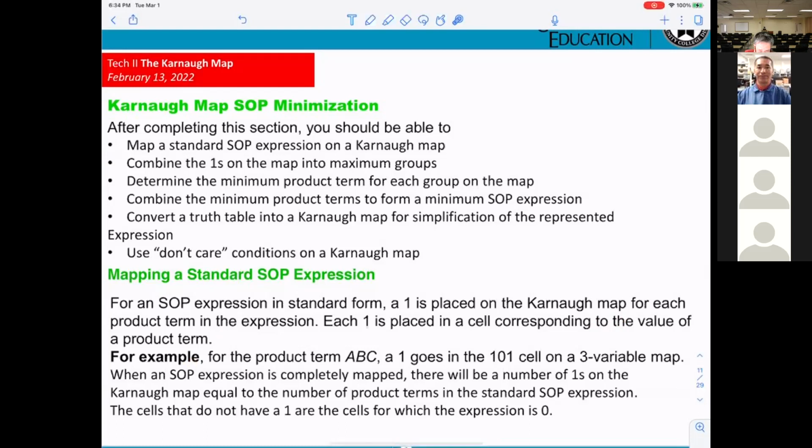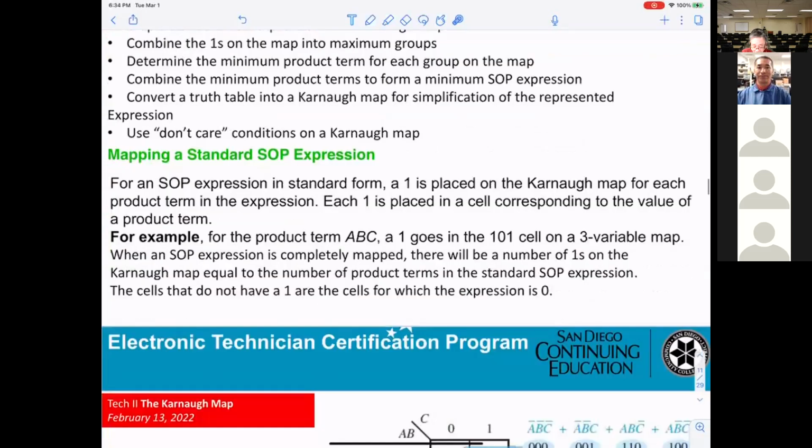For example, for product A, B, C, a 1 goes into the 1 0 1 cell on a 3 variable map. When the sum of product expression is completely mapped, the number of 1s on the K-map equals the number of product terms in the standard sum of product expression. The cells that do not have 1 are 0.